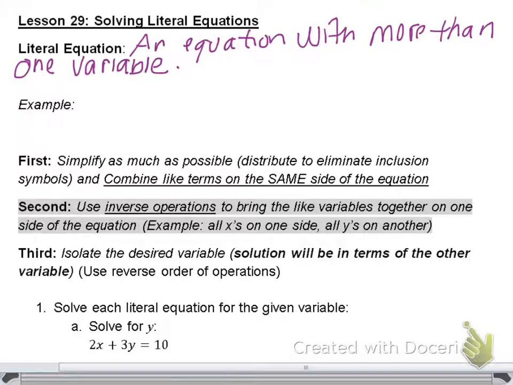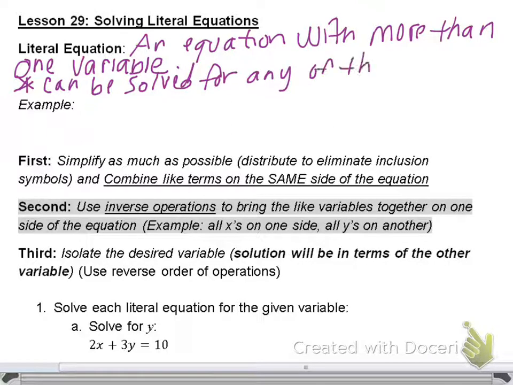And just as a side note, we're going to add a little note here that they can be solved for any of the variables in the equation. It doesn't always have to be y or a certain letter.